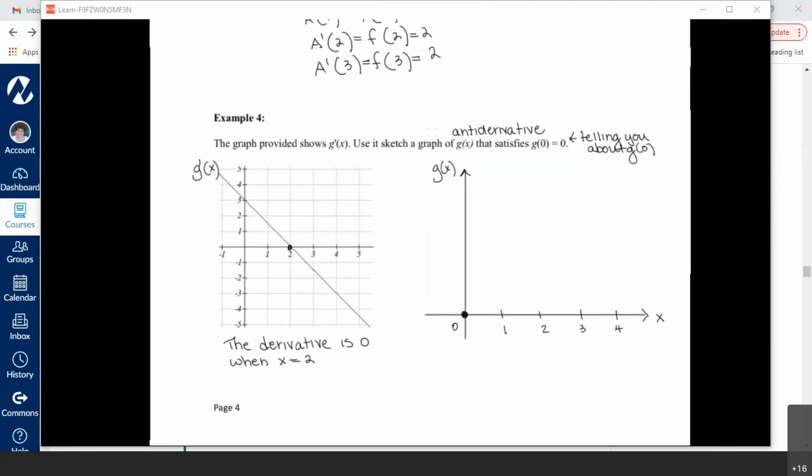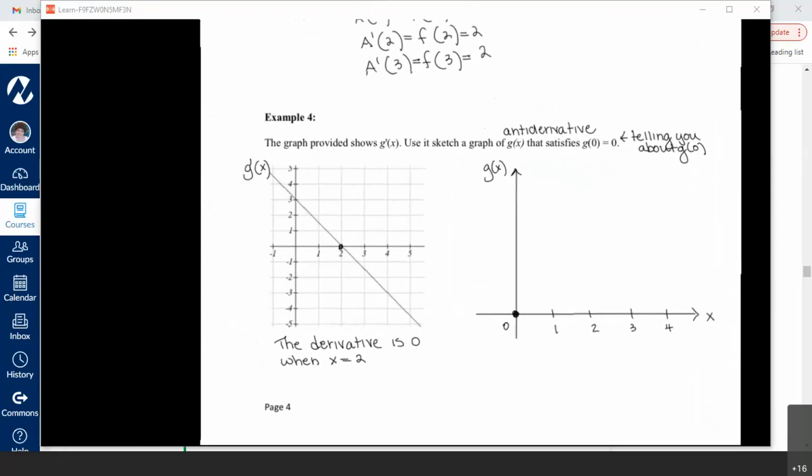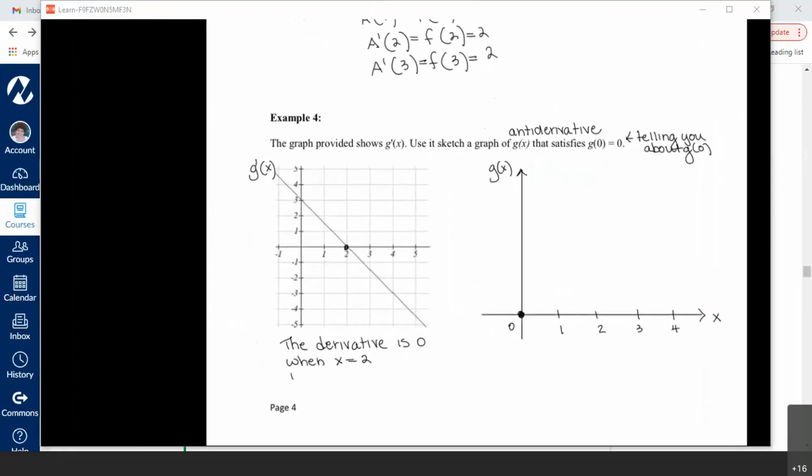We also know the derivative is positive on the interval negative infinity to 2, and the derivative is negative on the interval 2 to positive infinity.